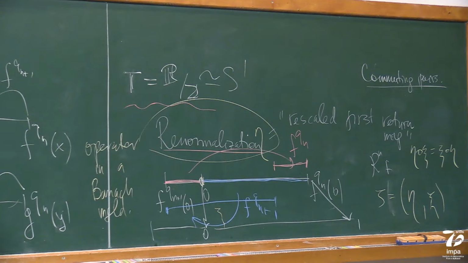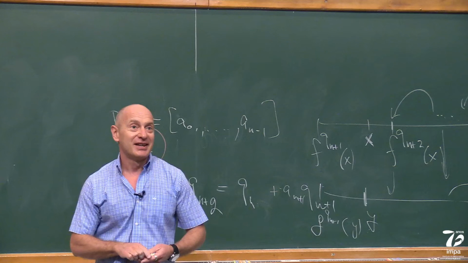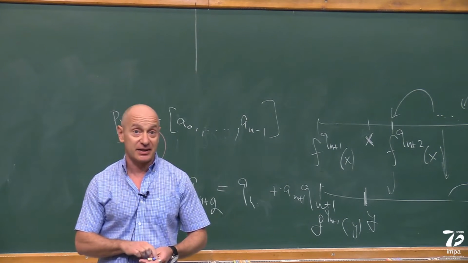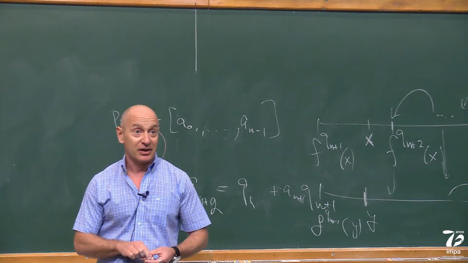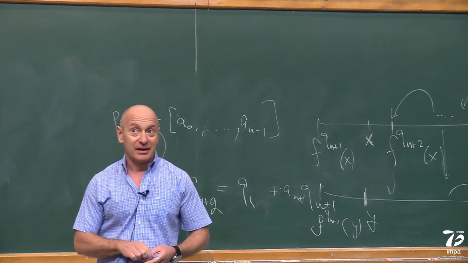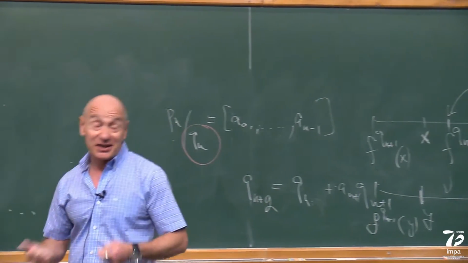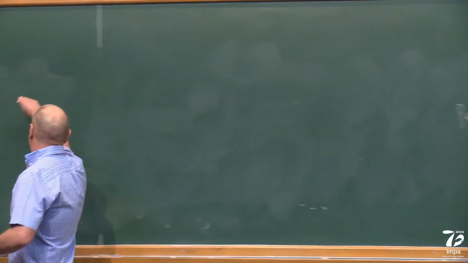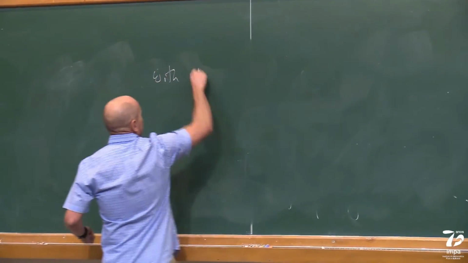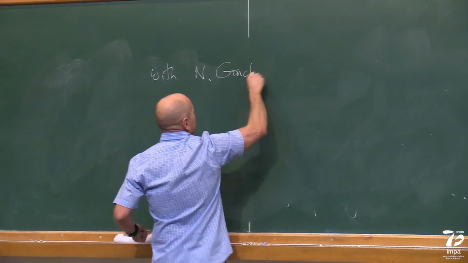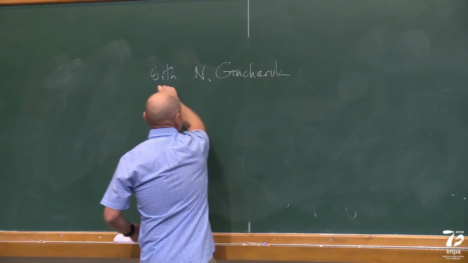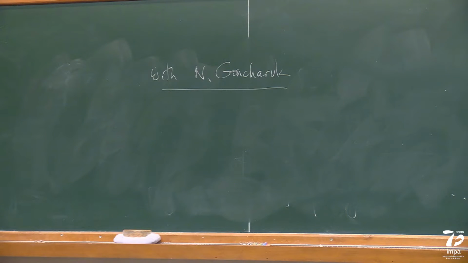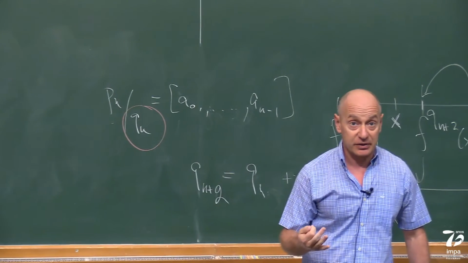The funny thing is that even though this is the more classical setting, the result is very new. So this is something we did with Natasha Goncharuk. And this is renormalization of analytic diffeos.